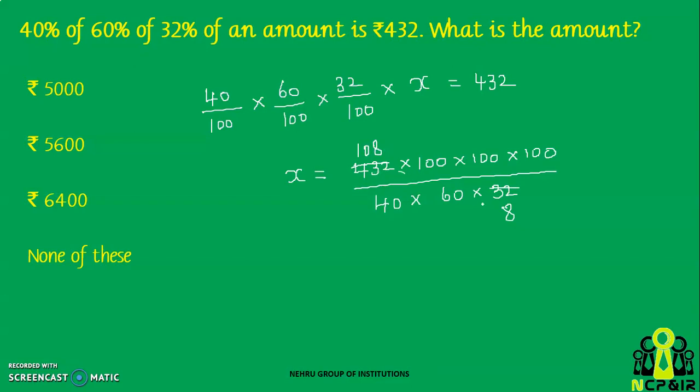Okay, now again see, this is 108 and this is 8. Now we'll reduce it once again. We can again reduce it by 4, I believe. So this is 2 into 4. So this will be 2 into 4, 8 and 27 into 4.